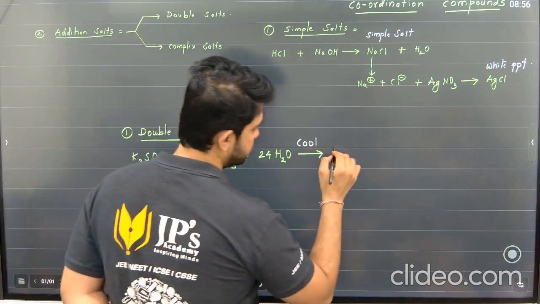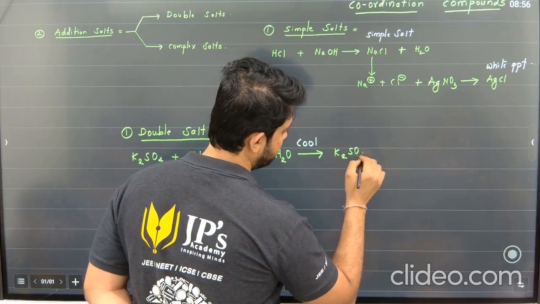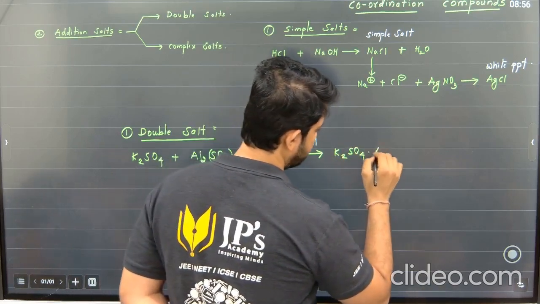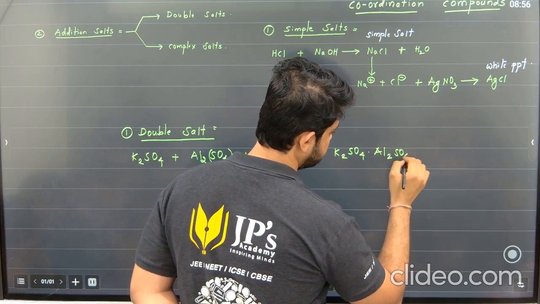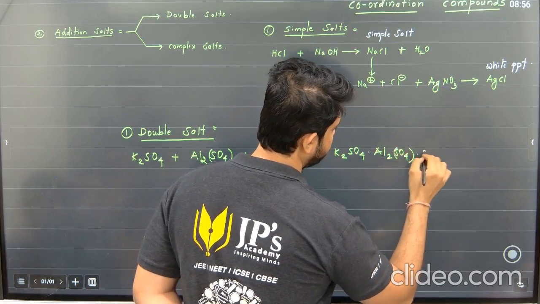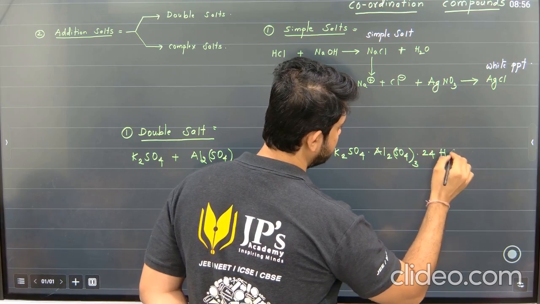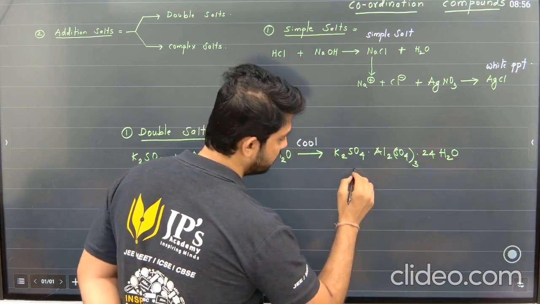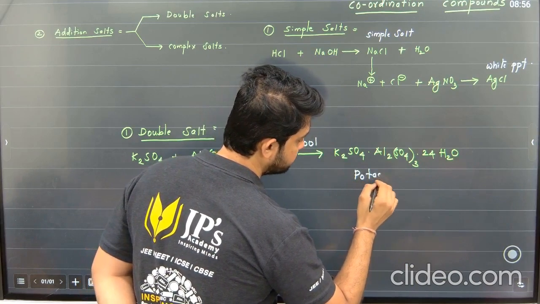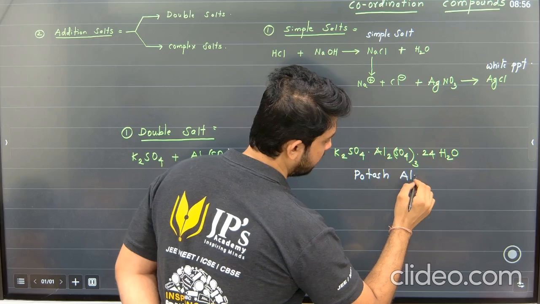Which salt is this, people? K2SO4.Al2(SO4)3.24H2O. You've done this in 10th standard. What do you call this, people? Alum, or specifically potash alum.